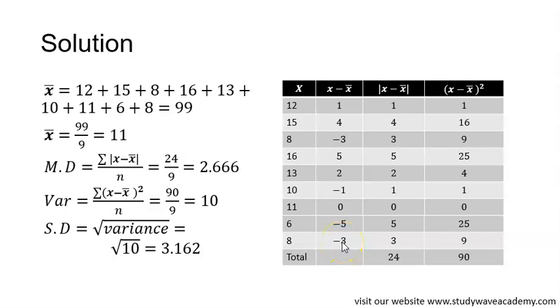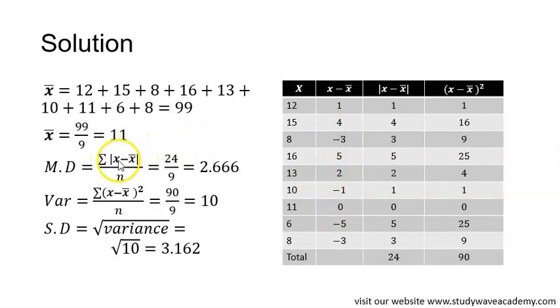Okay, so we have gotten x minus x bar, which is the individual values minus the mean. Next we are going to be looking at the absolute value of x minus x bar. Remember, this is the absolute value. Any of the numbers that have a minus in front of them change to positive.